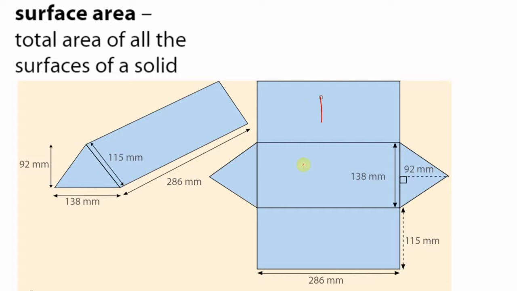So we have 1, 2, 3, 4, 5 faces, of which we need to calculate the area of each one of them and then add them up to get the surface area of the three-dimensional shape, which in this case is a triangular prism.